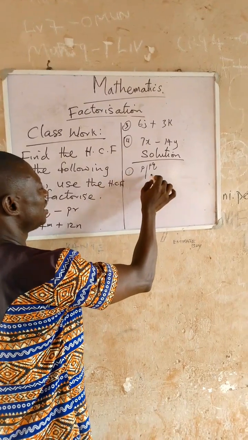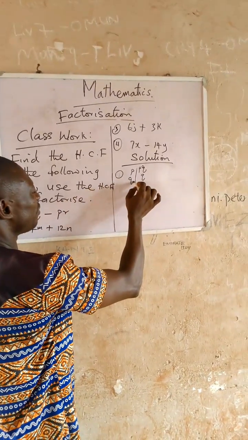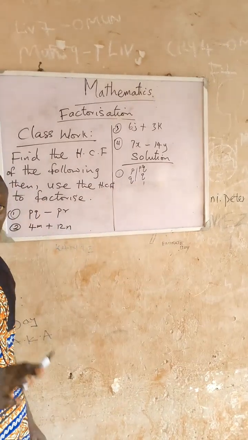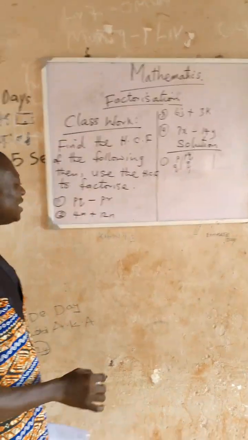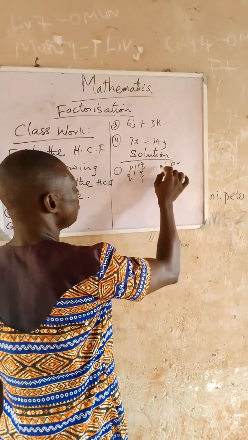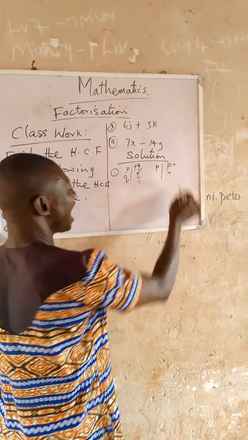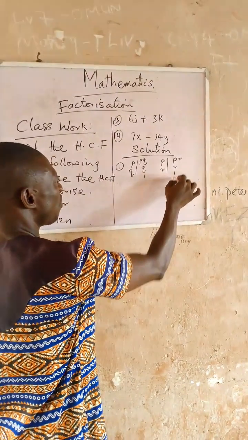P we divide to give us Q. Q we divide to give us 1. We are looking for the HCF first. We come here and divide PR. P we divide to get R. R we divide to get 1.